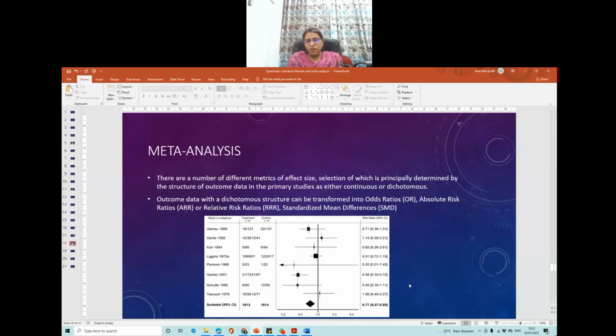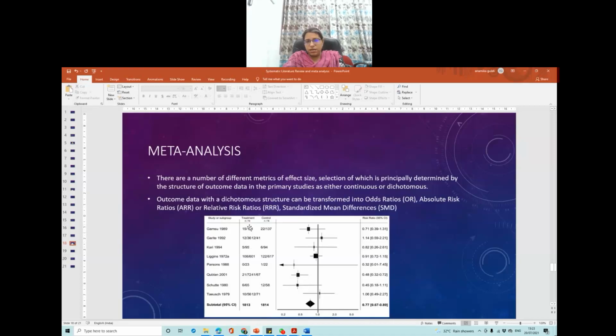So I've just shown you a forest plot. In this kind of plot, in the first column on the extreme left, we can see the study names. In the second column, we have the effect of treatment. N by N means 15 patients out of 131 treated have the particular outcome, whereas in the control arm, like placebo, 22 out of 137 patients showed the effect.